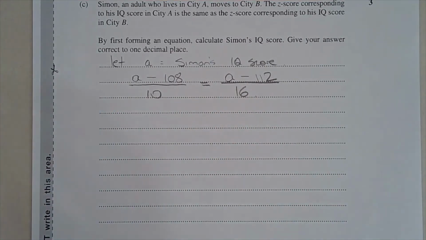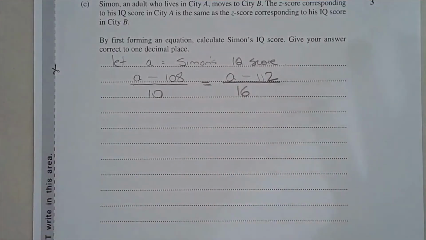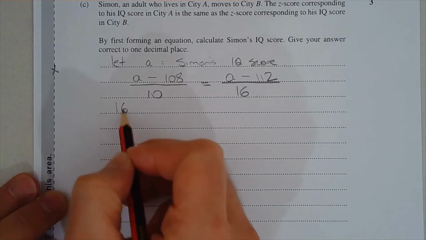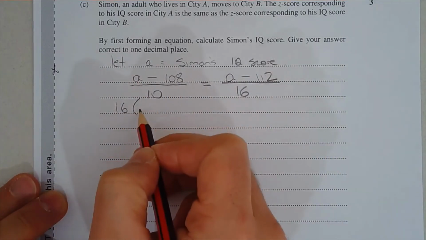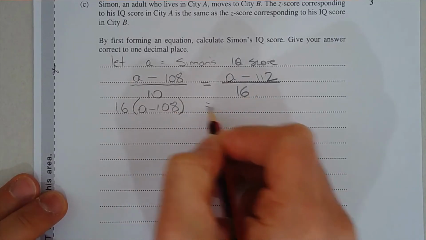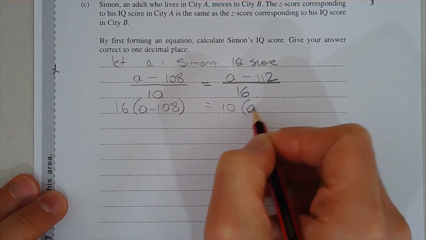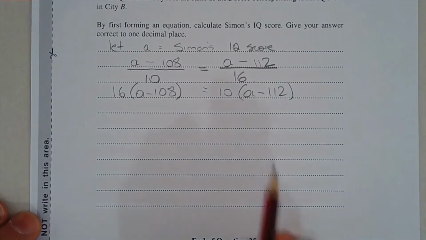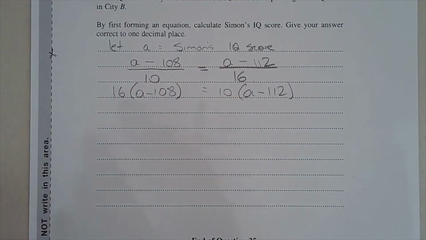All right, so now we need to solve this equation. From this point on, it's just algebra. What I'm going to do is cross multiply, so move the 16 over here. So 16 times A minus 108 is equal to 10 outside of A minus 112. Notice that's a very quick way to eliminate the fraction, to convert it to linear form without the fraction.